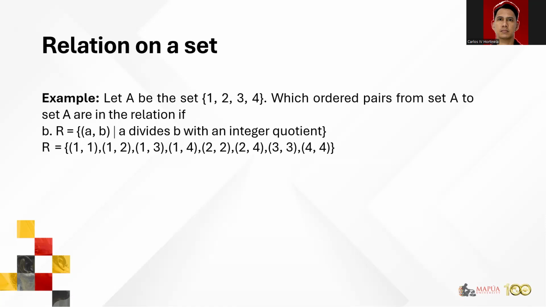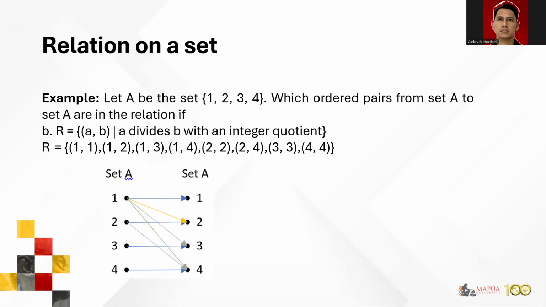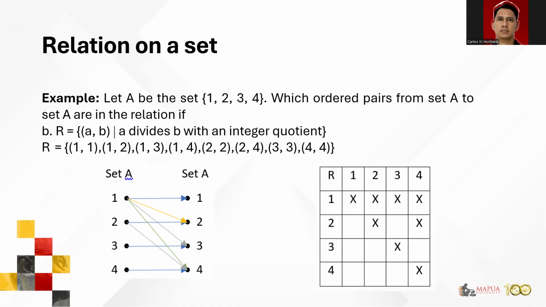Only these ordered pairs satisfy your given property. So again, I can represent that as a graph like this, or as a table like this.